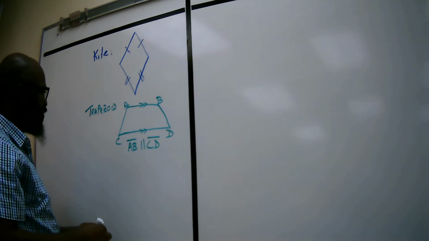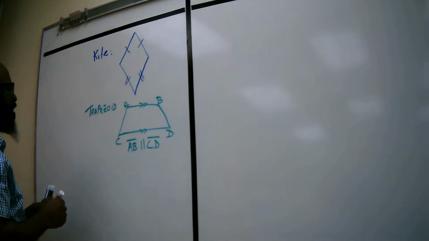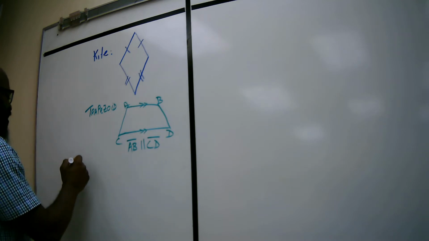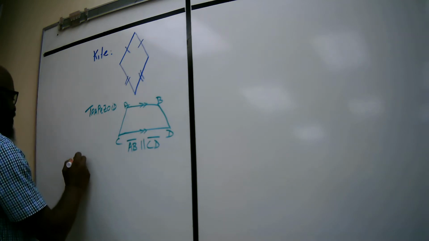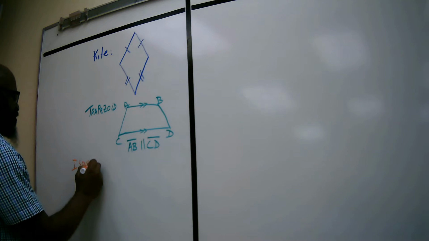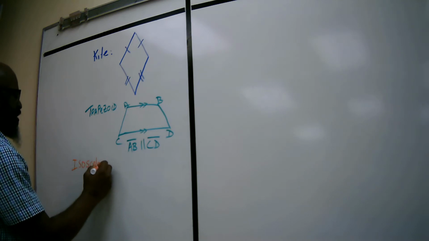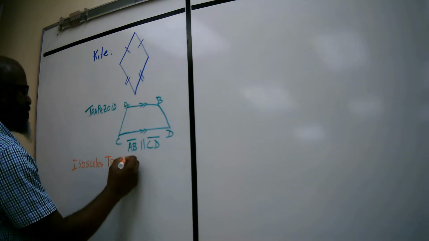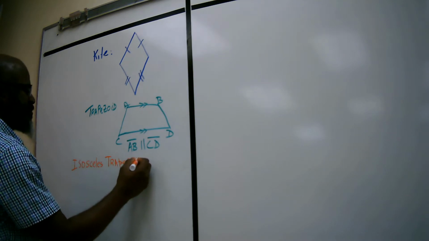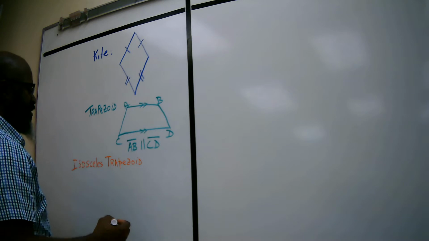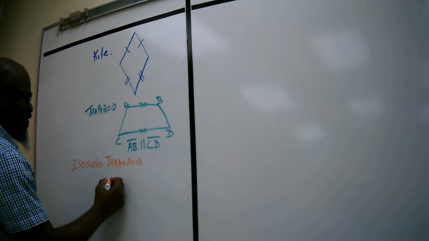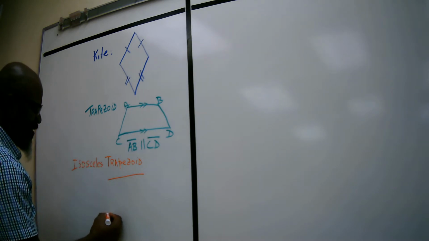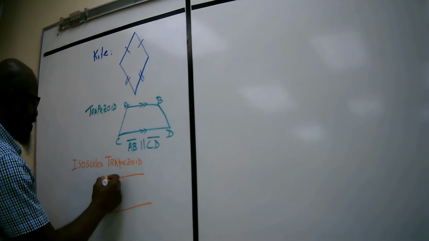That's a trapezoid. And you can also have what you call an isosceles trapezoid. An isosceles trapezoid is when you have the legs that are congruent.